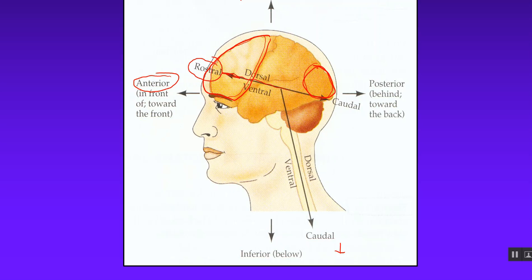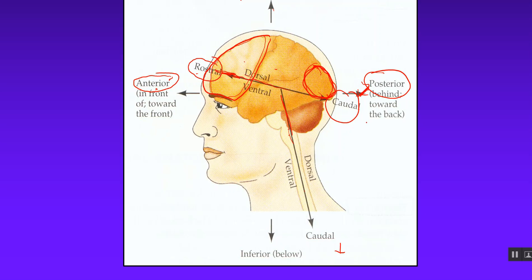So in the cerebrum, rostral and anterior are synonymous. Does that make sense? However, in the brainstem and the spinal cord, rostral and superior are synonymous, just because of that change in axis. And in the cerebrum, the occipital lobe would be caudal or posterior, so caudal and posterior are synonymous in the cerebrum.